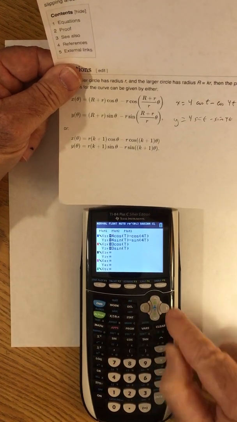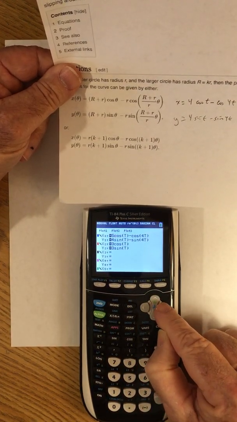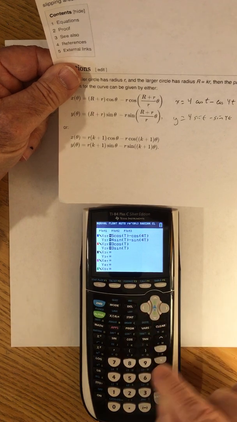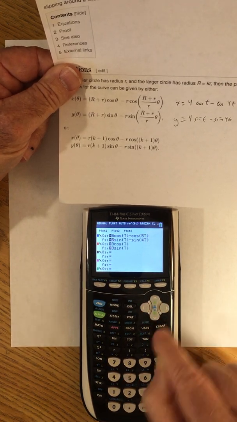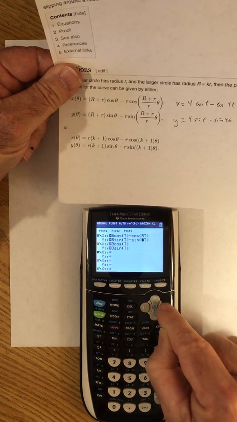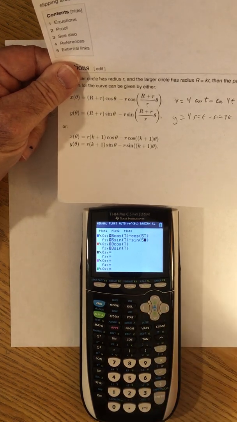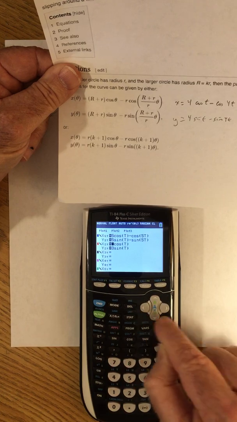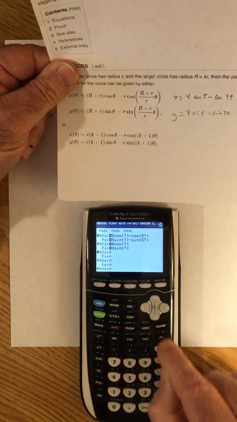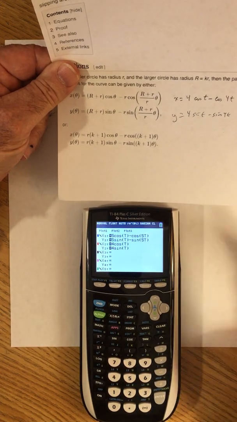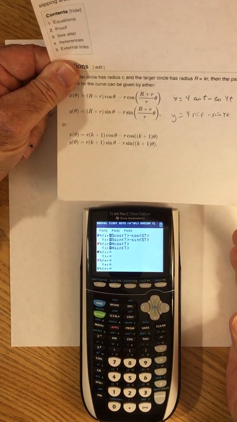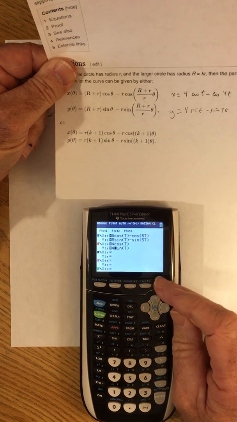It's going to change this to a 5, and this, if you stay with the radius of 1 on the smaller circle, the epicycloid is really not too bad. And if I change this to 4, then we're going to have the circle consistent with the cusps, let's say. All right, let's graph, see what happens.